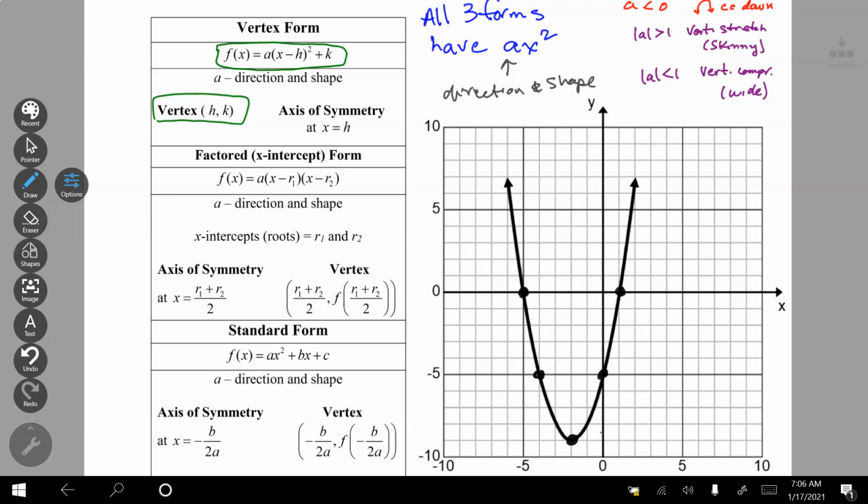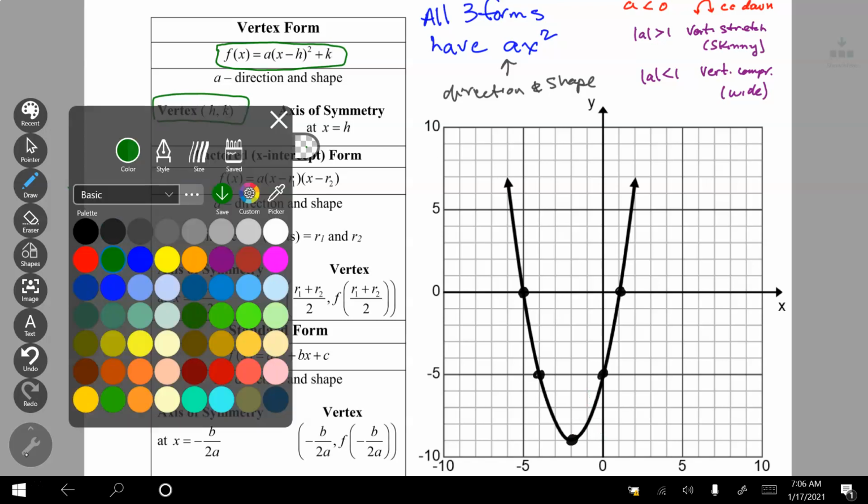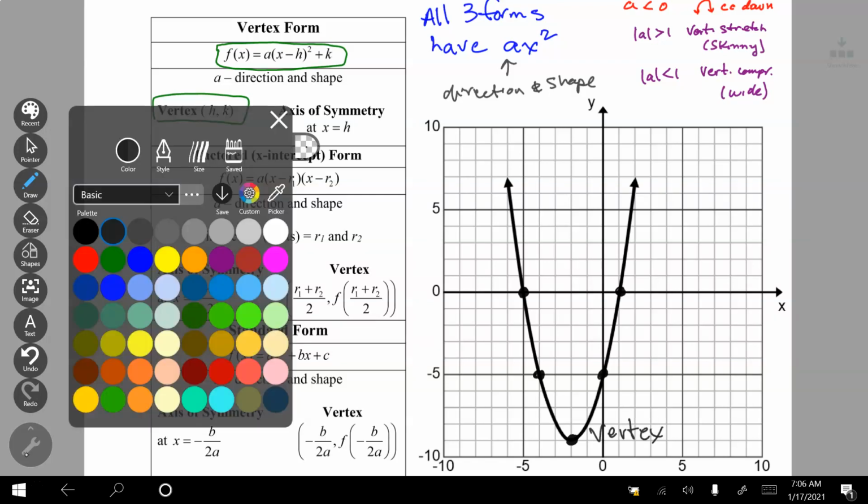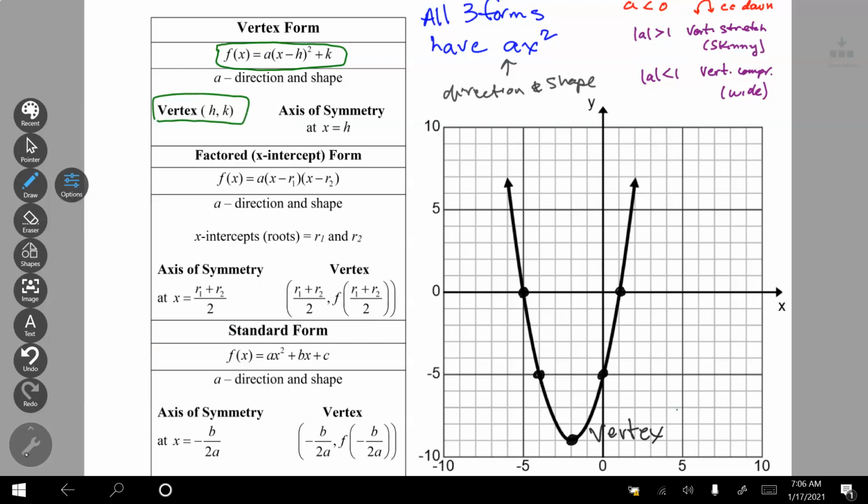So this vertex, one way to write it is (h, k). That is the ordered pair for that vertex. The axis of symmetry is the vertical line that goes through the middle of the parabola. I'm going to do that in red.